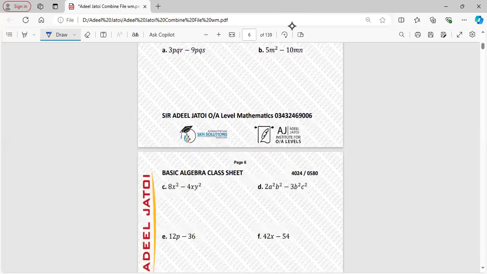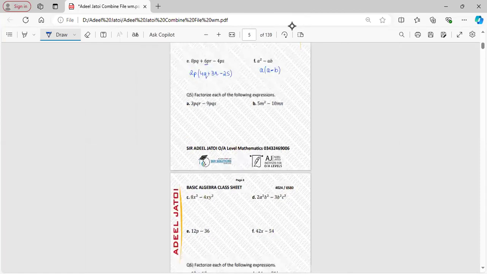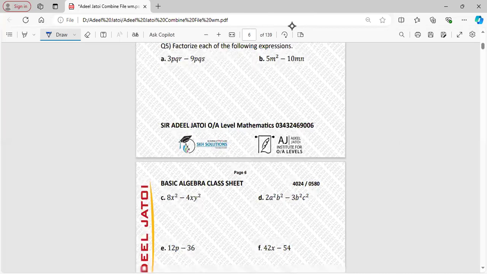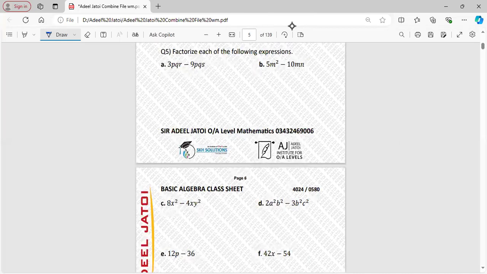Let's just work down with question number 5. So here is the question in front of you. I want you to attempt question number 5, parts A, B, C, D, E, and F first. Let's just complete question number 5.